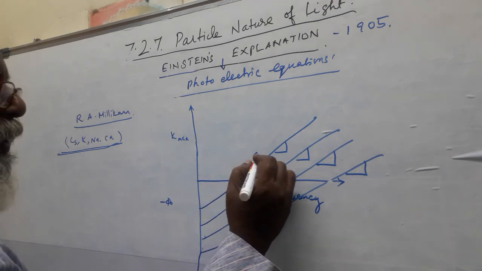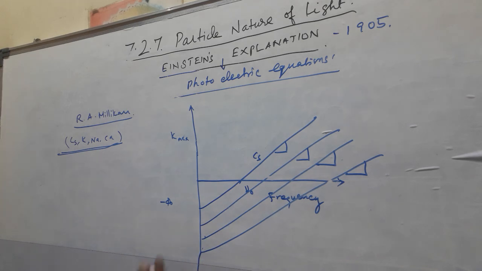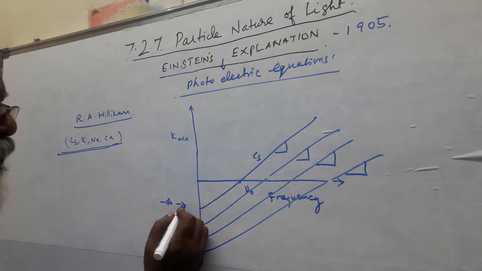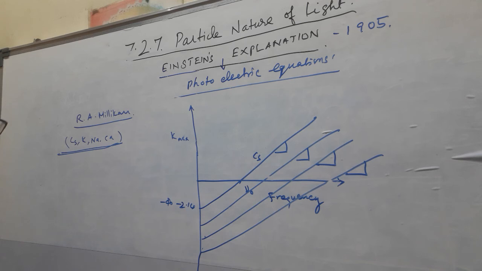For example, cesium, which we already studied theoretically, is minus 2.14, and for potassium, sorry.